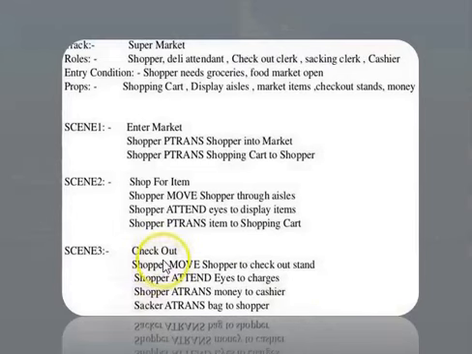Then scene 3 is checking out. Entered the market, shopped the items, and checking out.